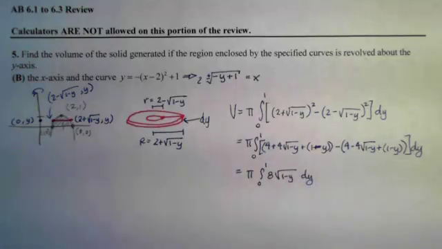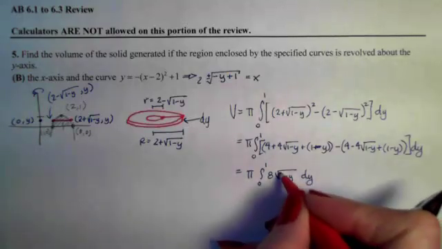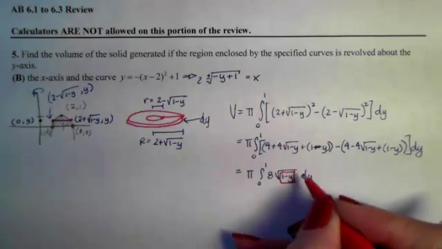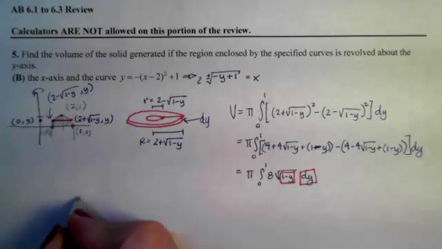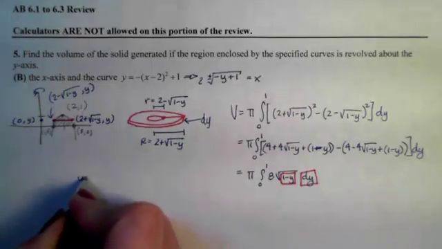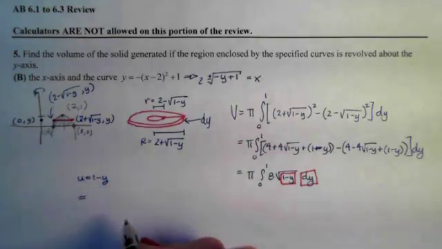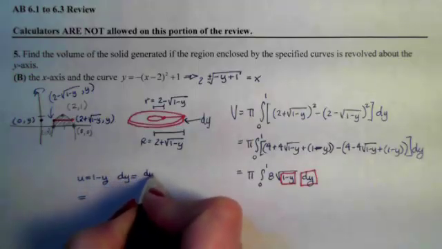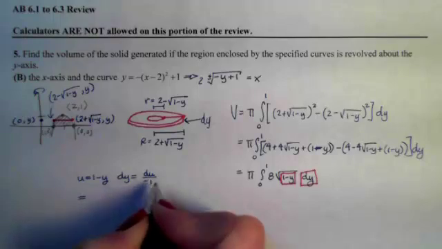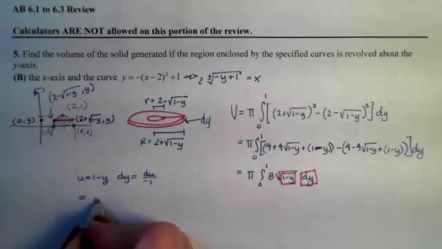So in order to evaluate this, I need to do a substitution method, which will end up having a u that's 1 minus y. So a dy will be that du over a negative 1. And when I substitute, I'll pull that 8 out in front.